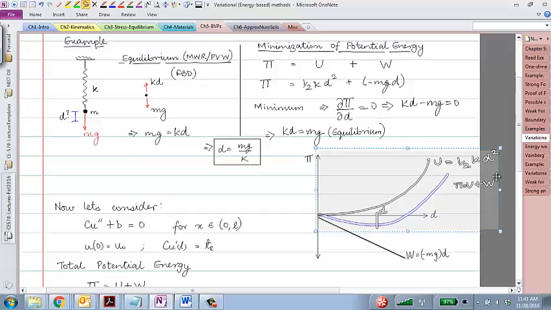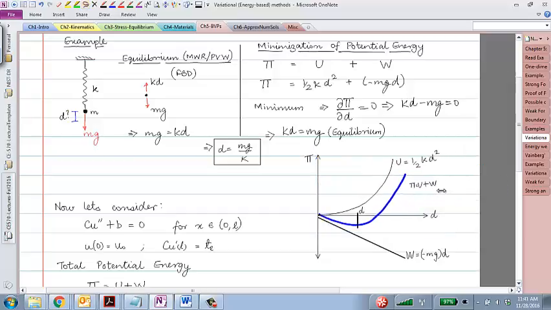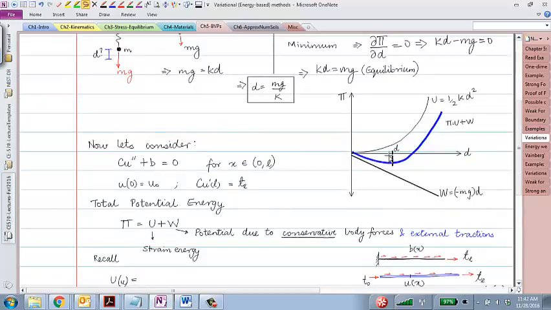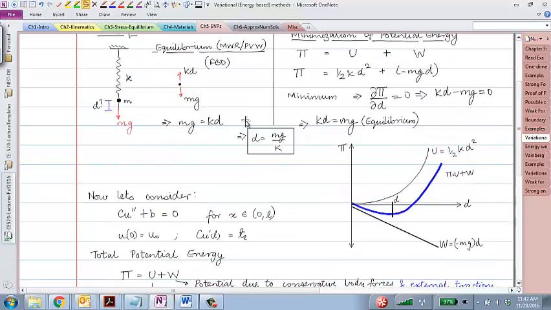That's just a way to visualize how this minimization of energy principle works: depending upon the type of spring, you would get some equilibrium displacement, which would also correspond to the same point that you would obtain by Newtonian mechanics.